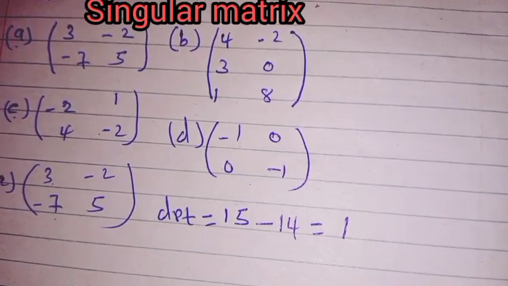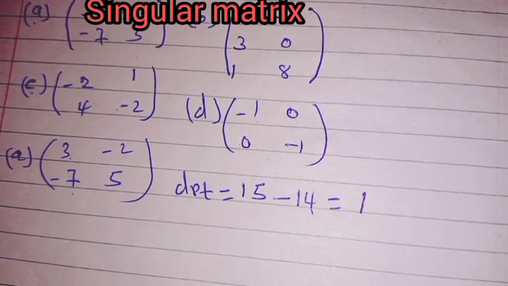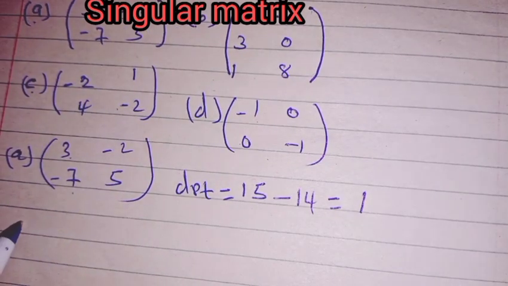So now, since the determinant is not equal to 0, it means that the matrix is not singular. We say it is non-singular, and we can get the inverse of A.